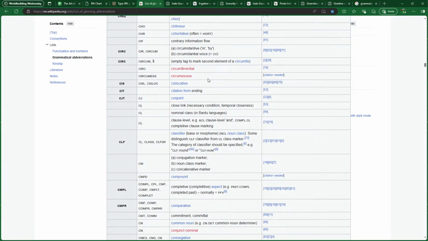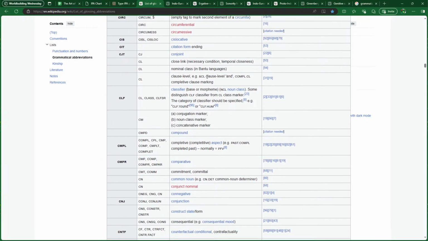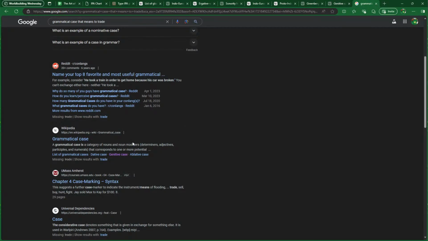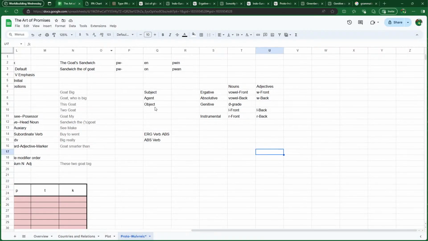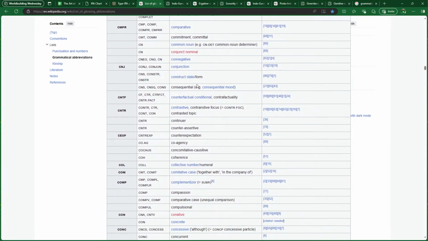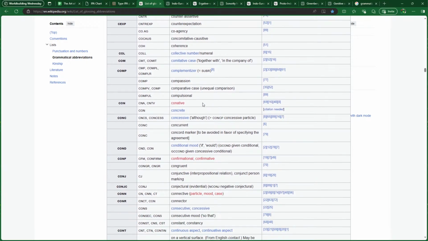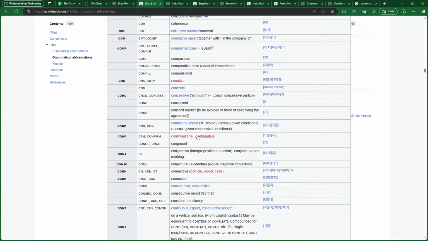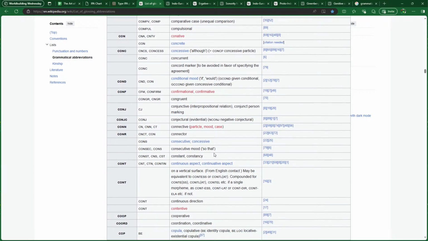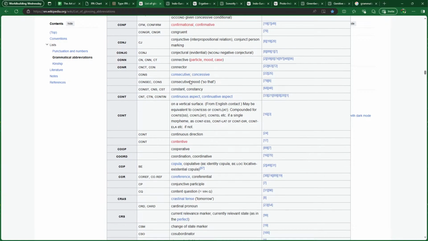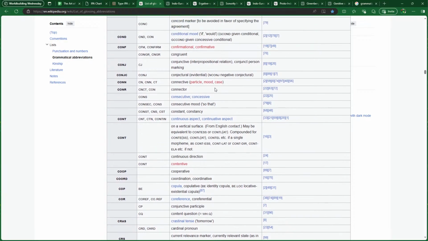No. Syslocative, citation form, classifier, compound, comparative, co-negative. What was I looking for again? Considerative. Conditional. Continual. Continuous aspect. Consecutive mood.